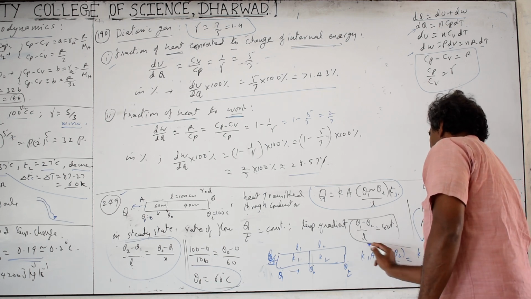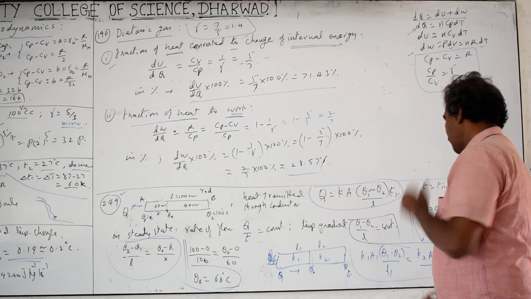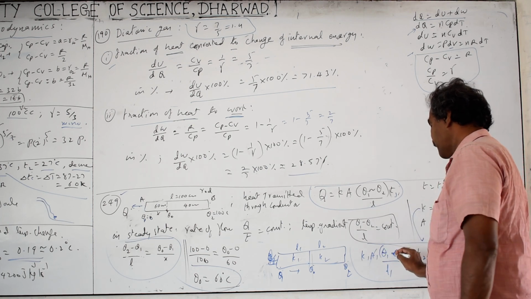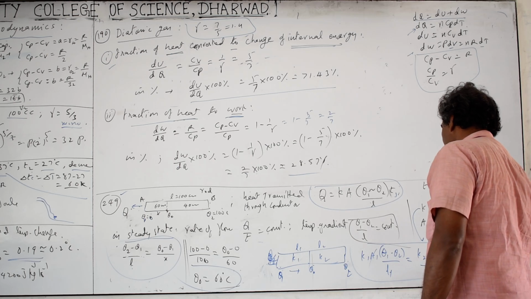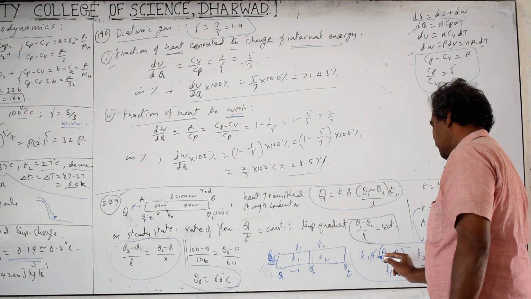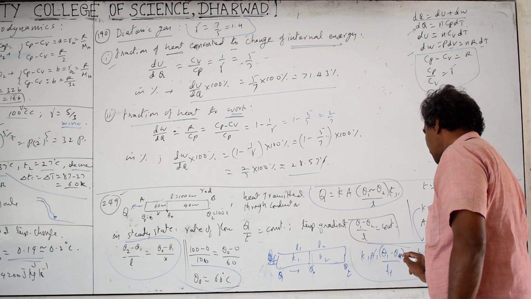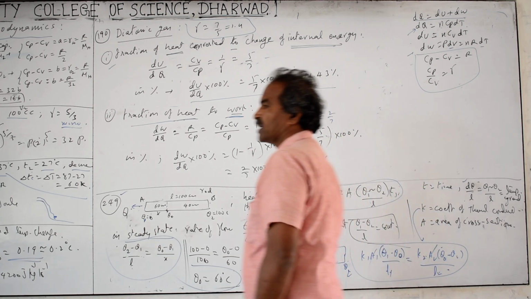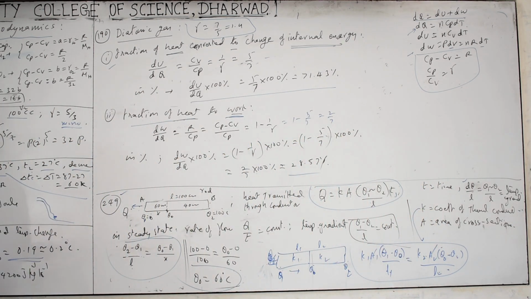This is the condition you have to take. With the same area of cross section, A1 equals A2 cancels, so K1 delta theta by L1 equals K2 delta theta by L2. You may be asked to find this temperature gradient, or the junction temperature. A direct formula is also there, which you can use. It is always better to remember that formula.